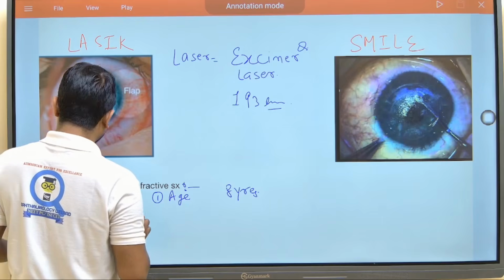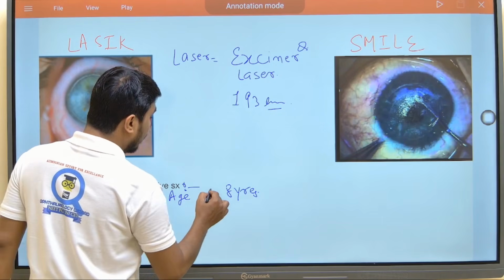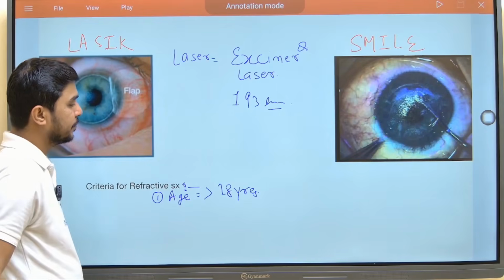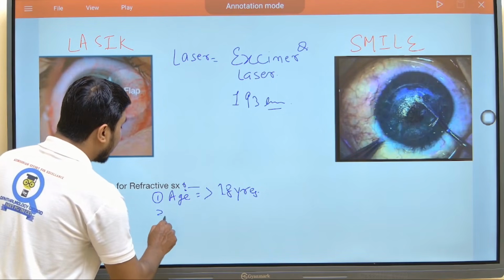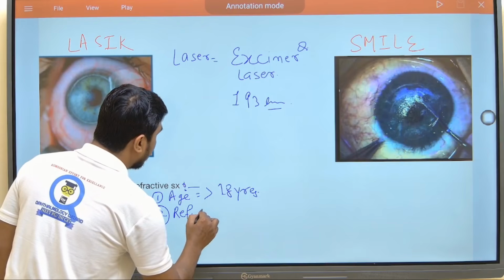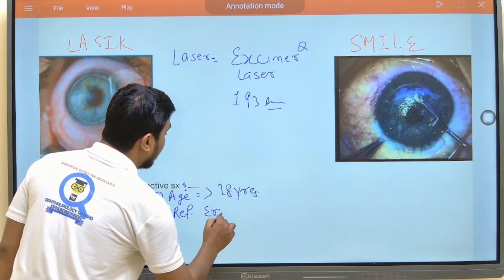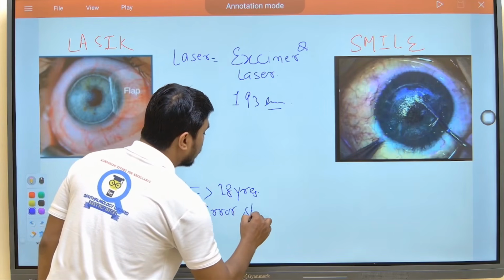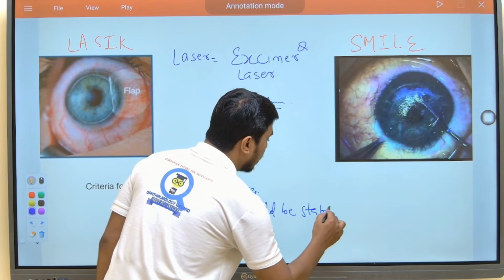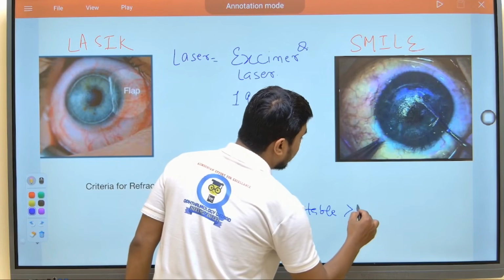Second criterion, the refractive error should be stable for more than 1 year.